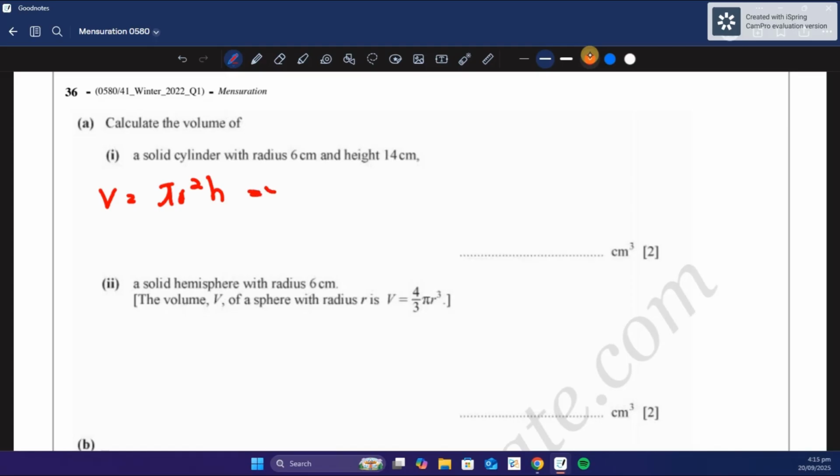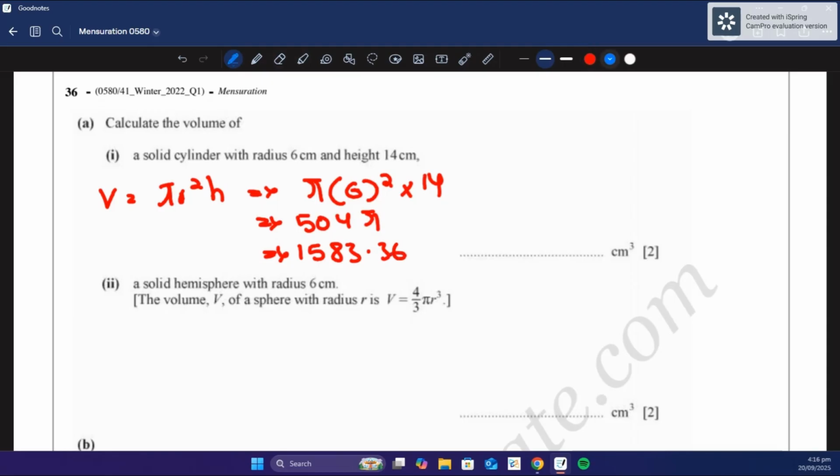That would mean pi into r squared, which is 6, into height, which is 14, that would give us 504 pi, which if we solve it further would give us 1583.36, and that is our final answer, 1583.